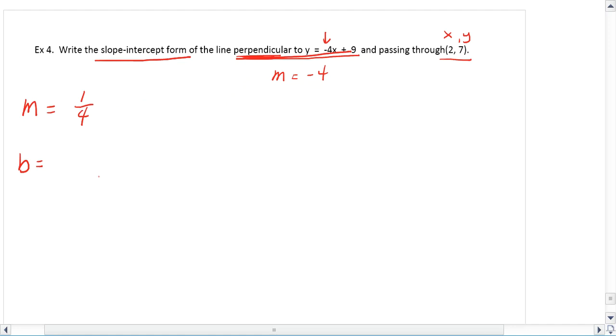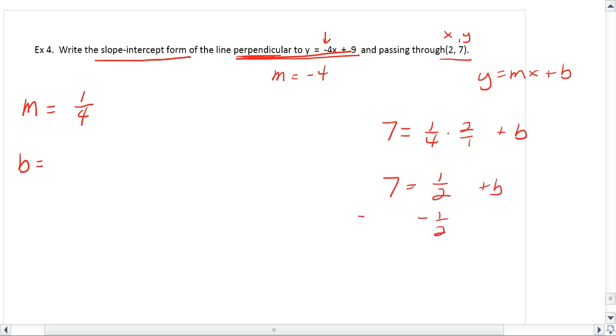And then once again I need b. So of these 4 letters, I know 3 of them. So let's plug them in and then find the missing b. So I have 7 equals 1/4 times 2/1 plus b. 2/4, when I multiply that out, is the same as 1/2. So let's subtract the 1/2 from both sides, if I can write that.